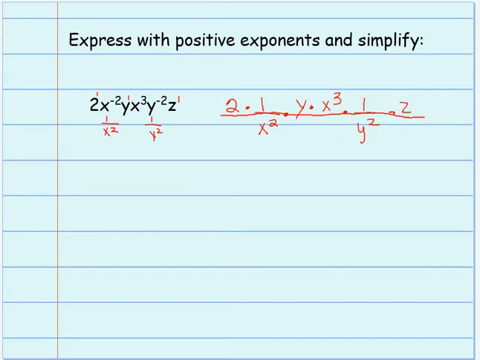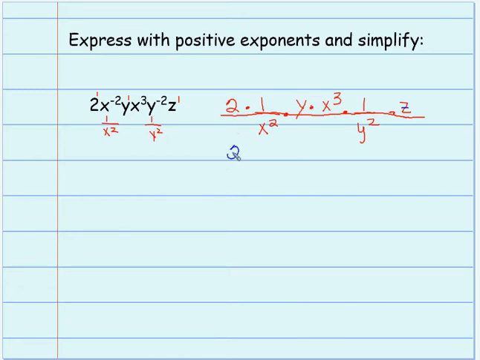Now, we've done this before, where I'm going to better write that as a z so it doesn't look like a 2, where you know that if you have 3 x's in the numerator and you have 2 in the denominator, if you subtract, you're going to have 1 left in the numerator. But let's write this out.